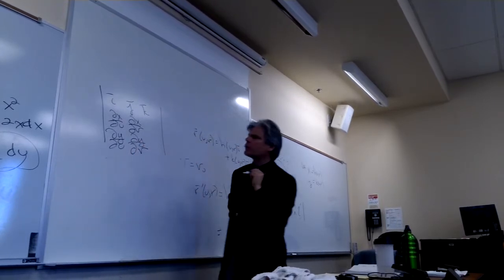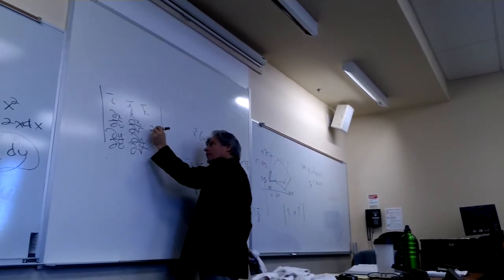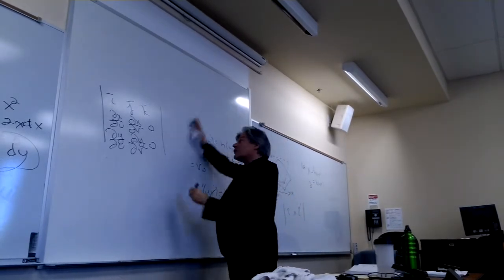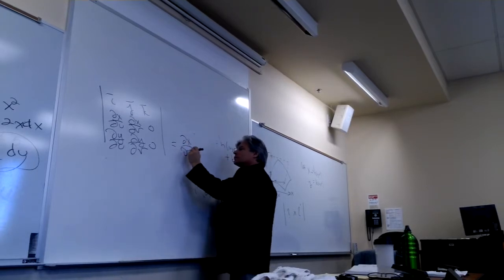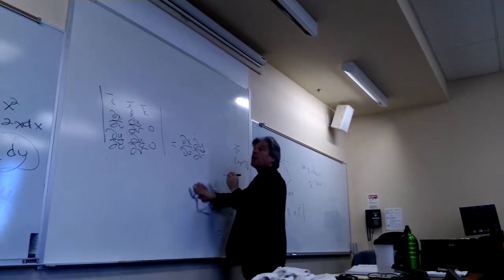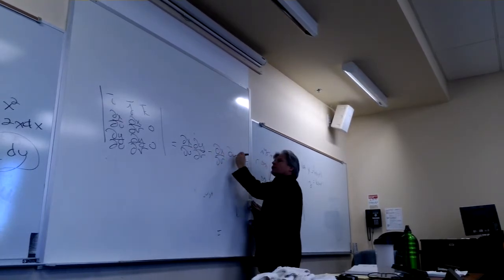Oh shoot, I don't have the third components. Yeah, they're just all zeros. I'm looking at two space. It's just if I evaluate this determinant, you guys know what I'm going to get. I'm going to get the partial of x with respect to u times the partial of y with respect to v, minus the partial of x with respect to v times the partial of y with respect to u.